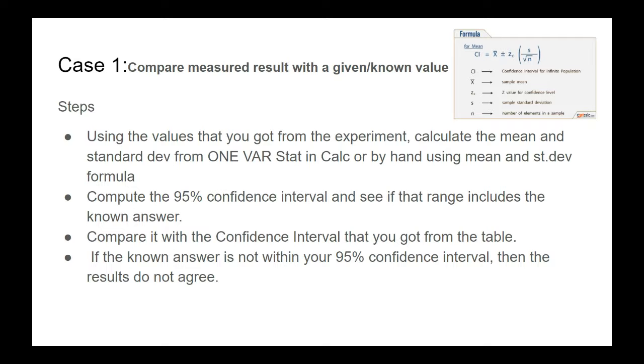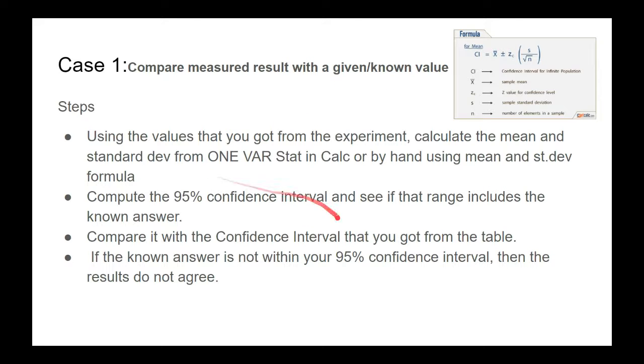So basically you multiply your z value, which depends on the confidence level you're in and is different for each confidence interval, by s divided by the square root of n.